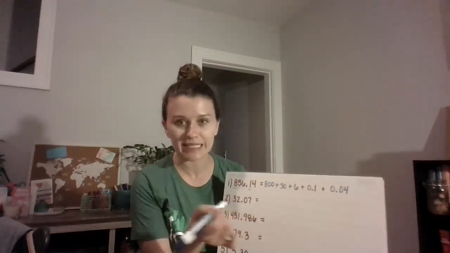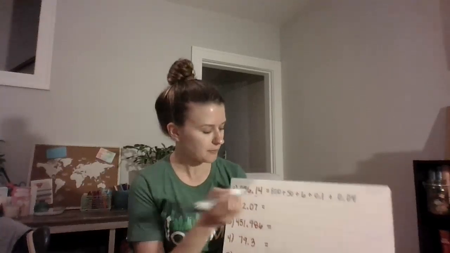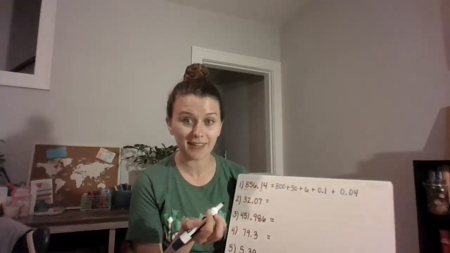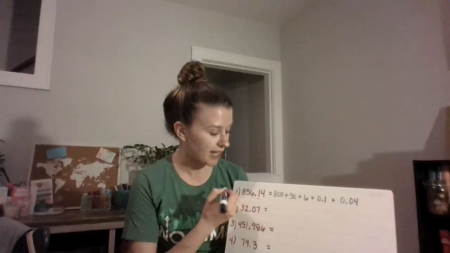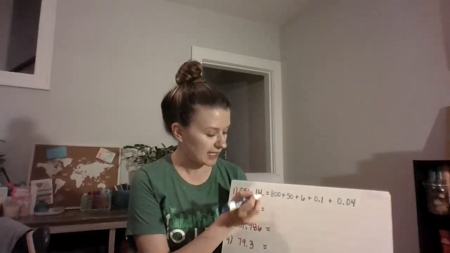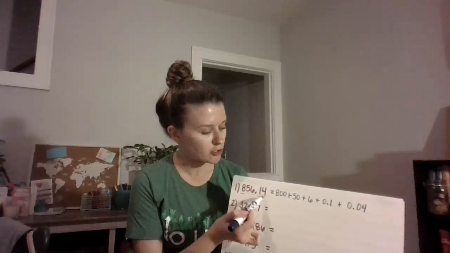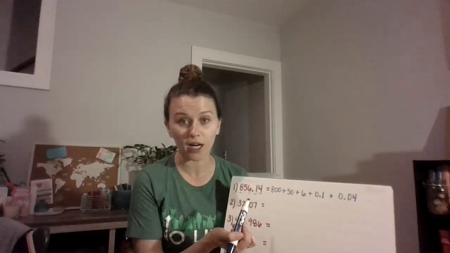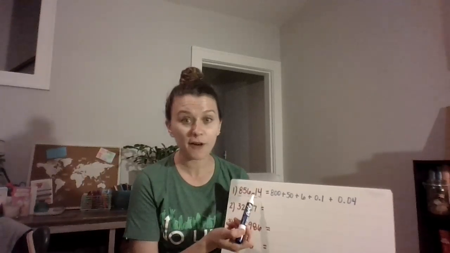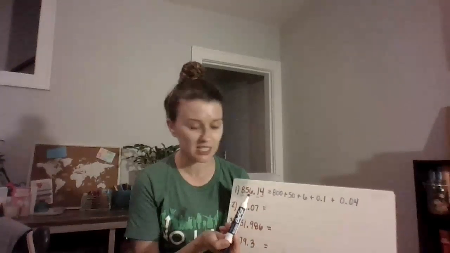So I have that 1 in the tenths place. My final place value in my number that I have here for number 1 is my hundredths place. And in my hundredths place, I have the digit 4. So that means I have 4 hundredths.